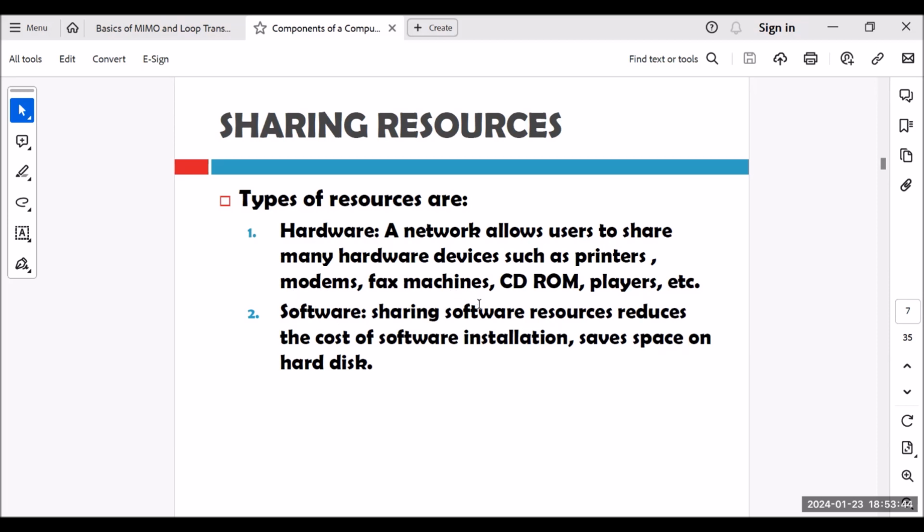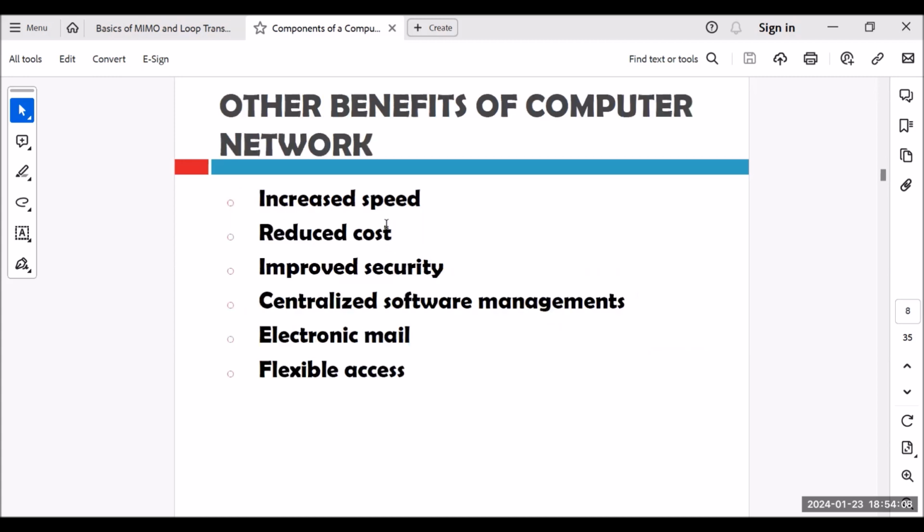By that, I'm not only saving the cost that I would have had to face in order to buy that, but also the space. I don't need to have that software installed on my personal system or the hard disk that I may be using. So this is another advantage.